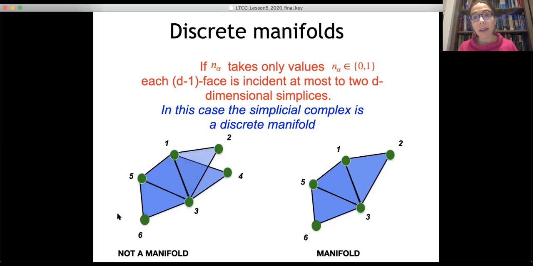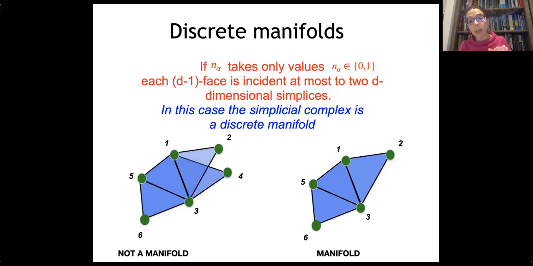While this other structure here, which can happen in modeling complex systems, has a fin. In this link, there are 3 simplices incident to it. So it doesn't approximate a given smooth surface, but it has a branching.